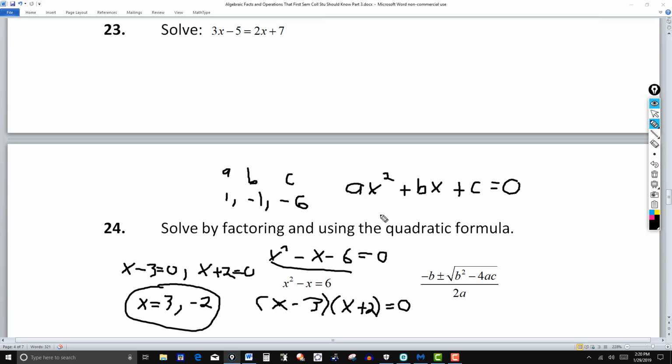Okay, so numerator, opposite of b, b is negative 1, so I take the opposite of that, that's 1, plus or minus the square root of, b squared, b squared is negative 1, so if I square that, that's 1, minus 4 times a is 1, put it in there, and c is negative 6.